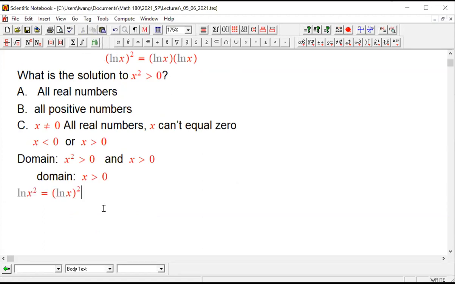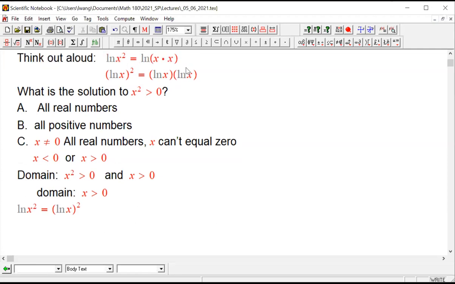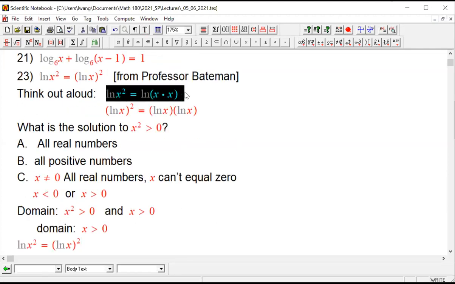Solve this equation. With that understanding, what does this equal to? This equals 2 times ln x, right? Power rule. Or you can use the product rule.